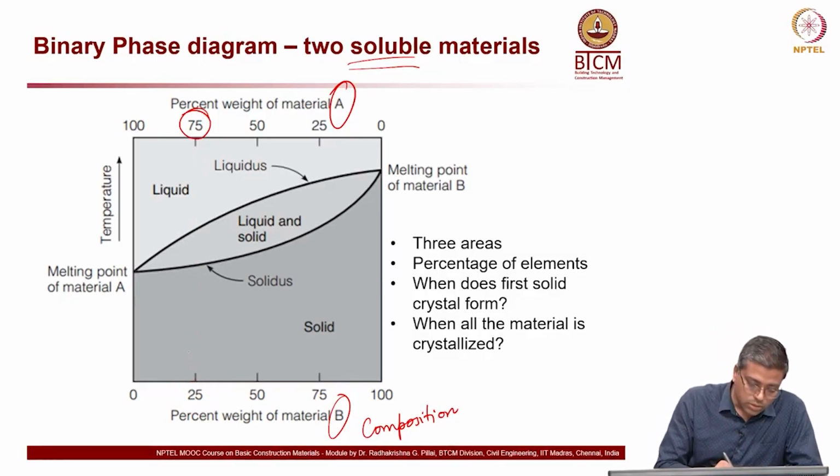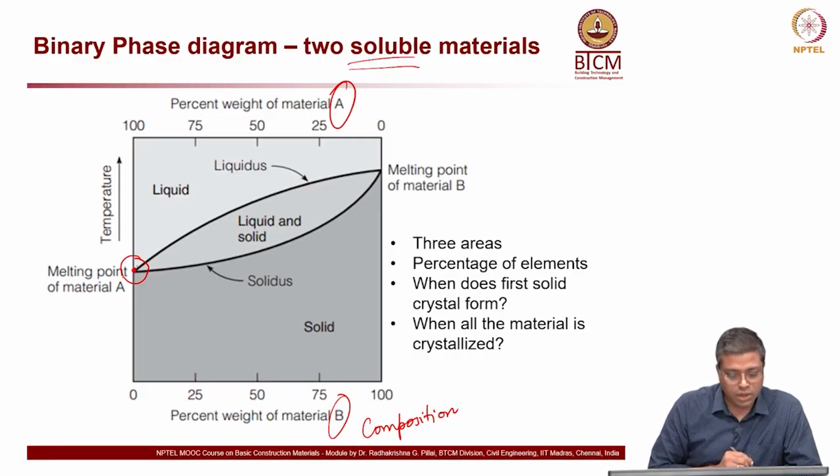Now, the temperature increases on the axis, you can see. So, here the material starts melting at this temperature. That is the melting point of which material?